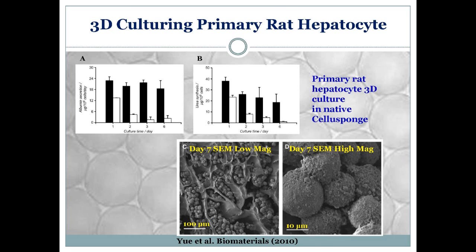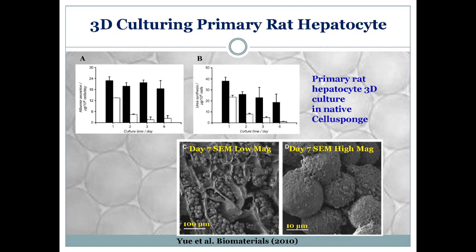We can see that these two functions of hepatocytes cultured in Cellosponge are much higher than those cultured as 2D monolayers on collagen-coated surfaces. On the bottom, you see two pictures of hepatocyte culture for 7 days in low and high magnification respectively.